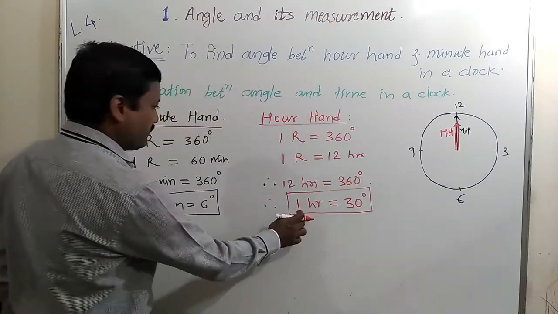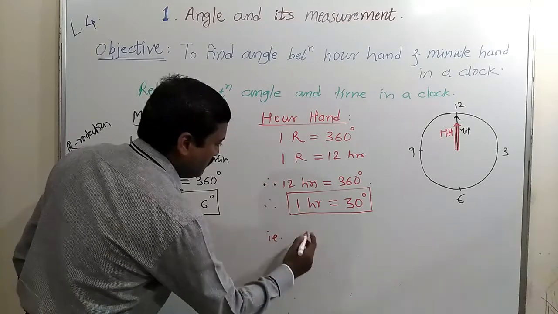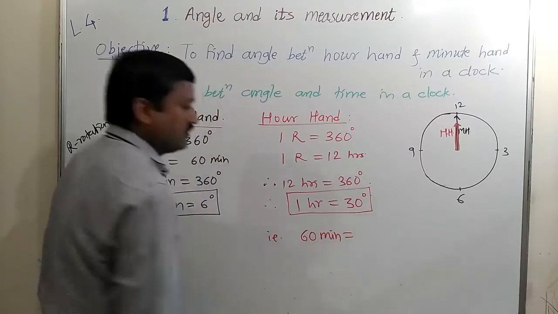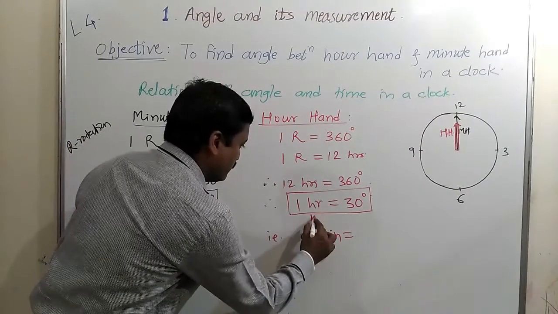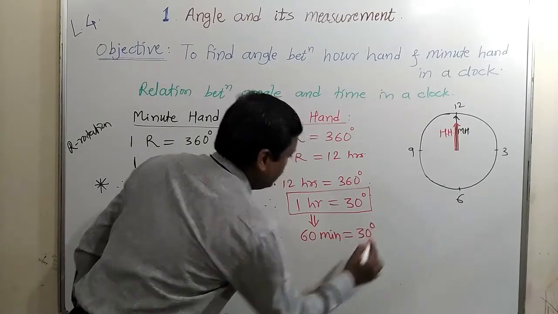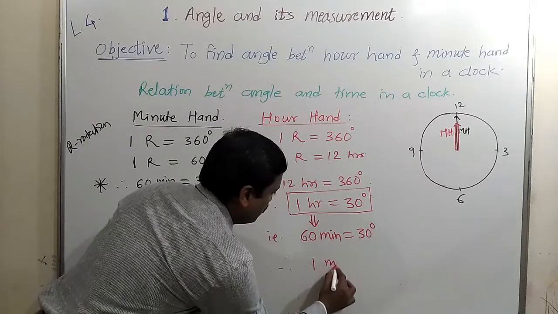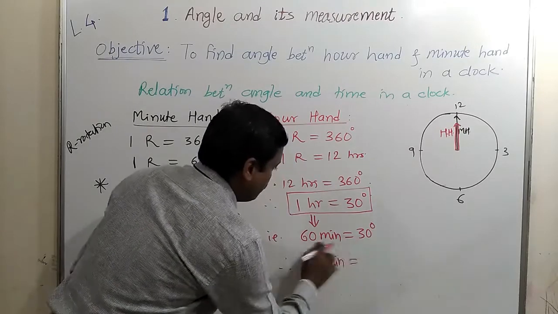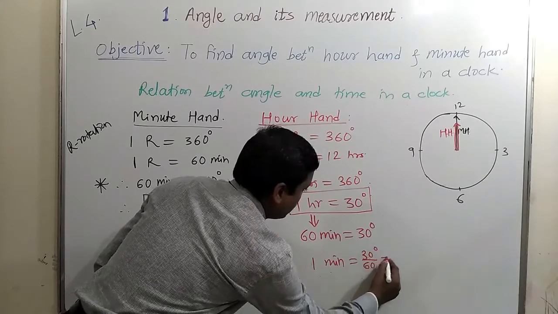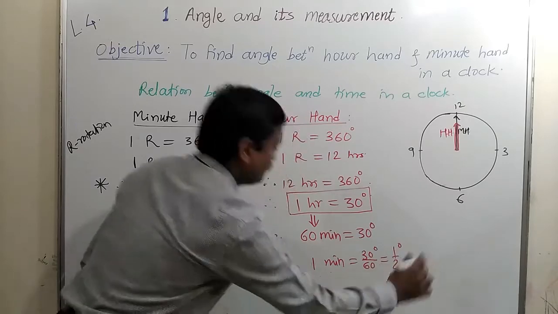Also from this let us find 1 minute. 1 hour is nothing but 60 minutes, so 1 hour implies 60 minutes and that is equal to 30 degree. Therefore 1 minute is equal to 30 upon 60, that is half degree.